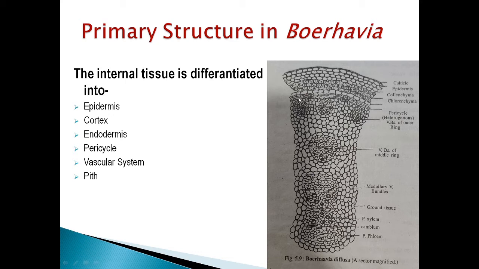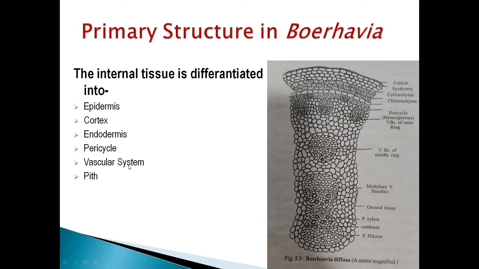It is partially sclerenchymatous and partially parenchymatous. Two bands of pericyclic layers are present, so it is a heterogeneous type of pericycle.